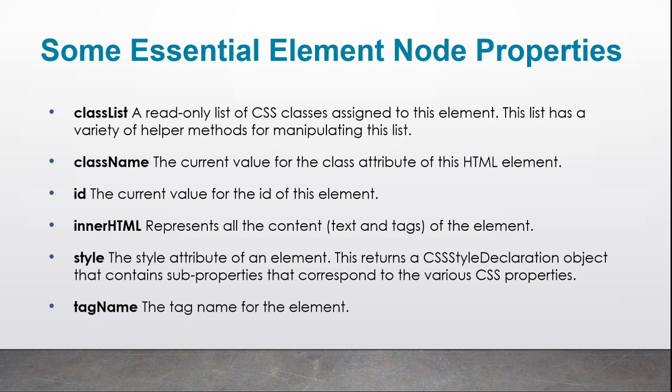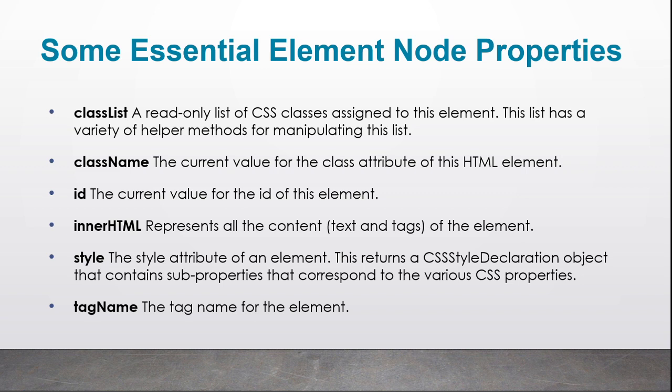Inner HTML is all of the content of that element. So everything between that start and close, including the text and the tags. So not just the text content, which remember was taking the tags out, but everything.